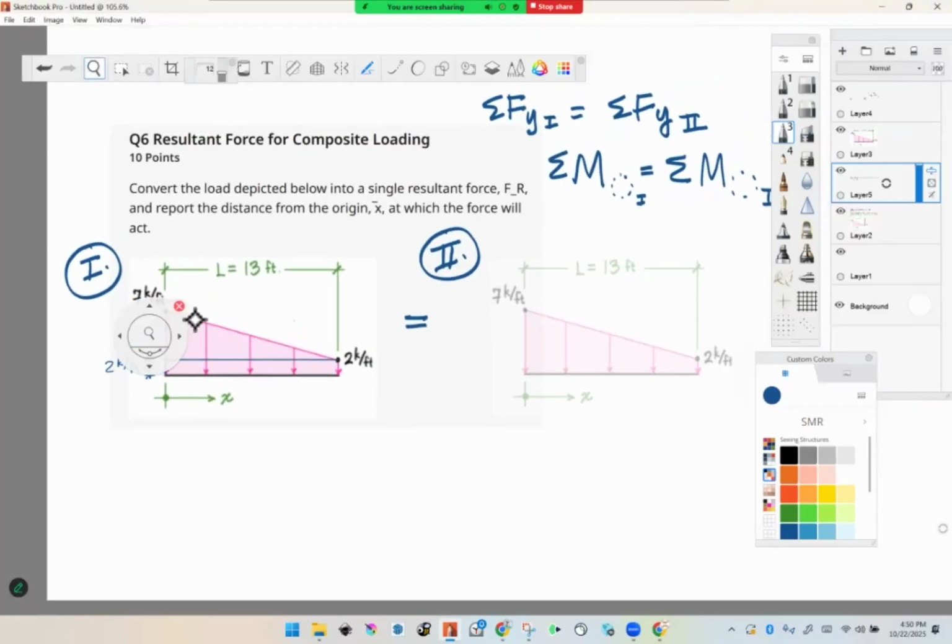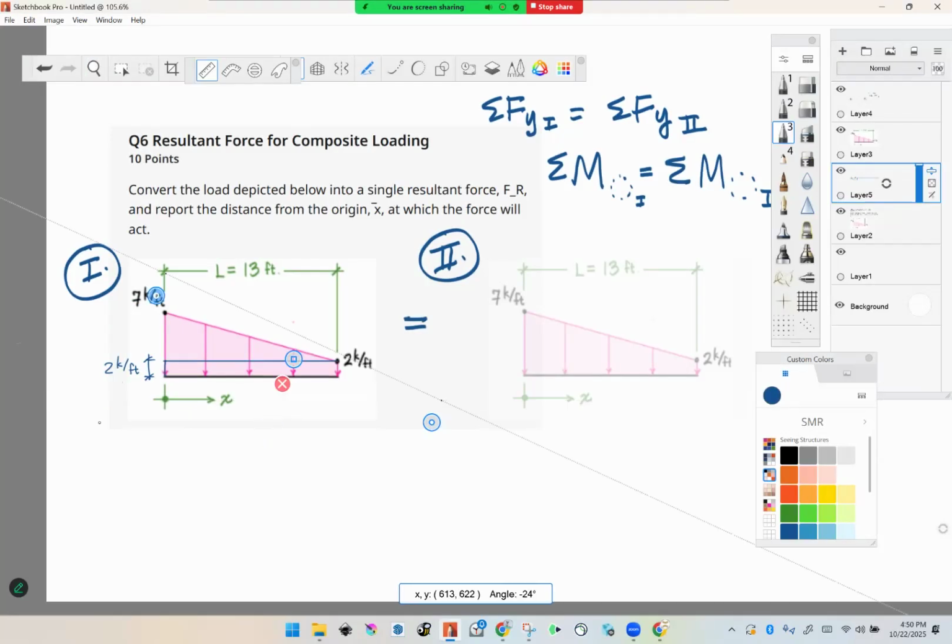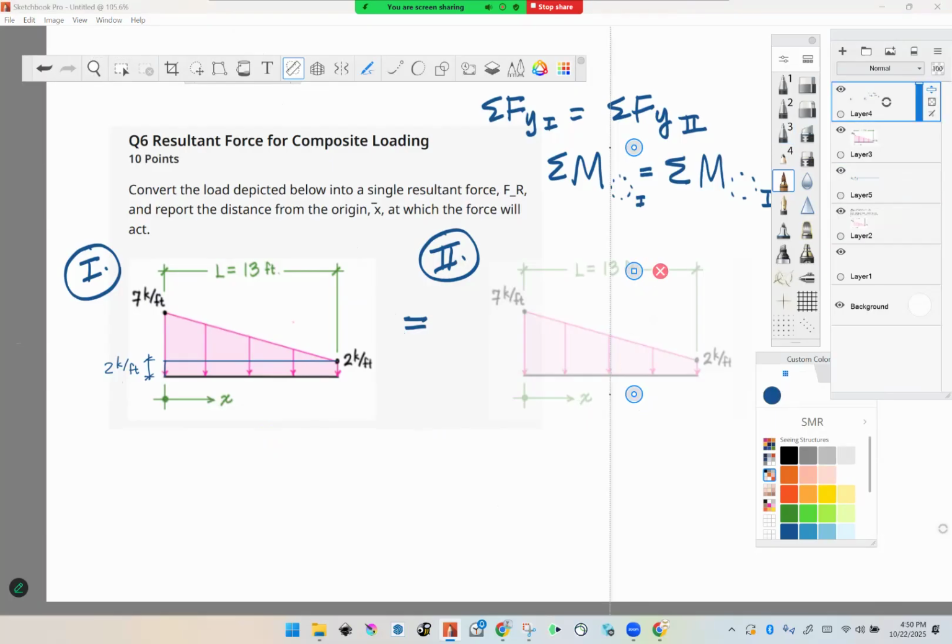I'm going to turn that into one resultant force right at the middle here. I'll call that FR1. That's due to the rectangle.